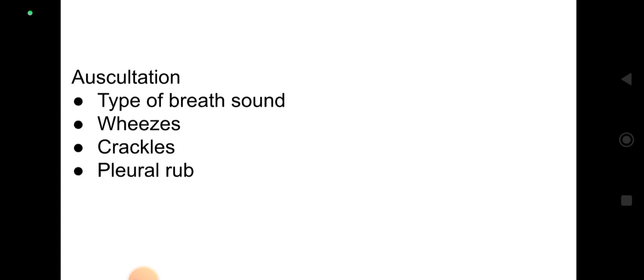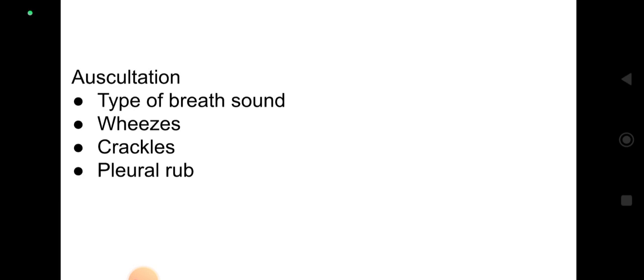In auscultation, we listen for normal breath sounds. Normal breath sounds heard over the chest wall are called vesicular. In case of disease, there may be bronchial breath sounds and harsh vesicular with prolonged expiration, as in case of COPD.